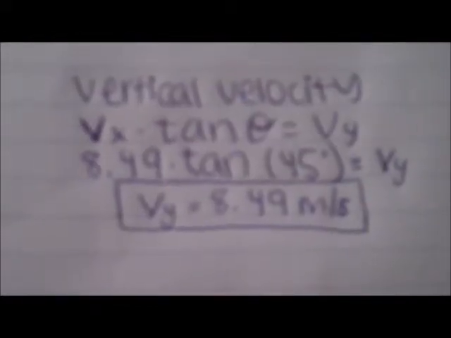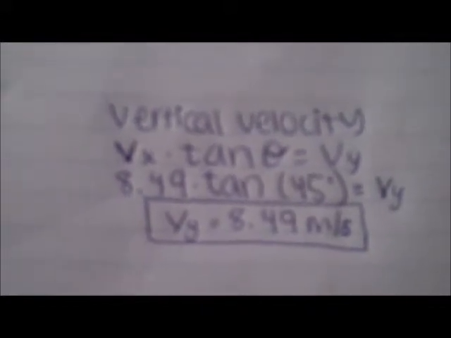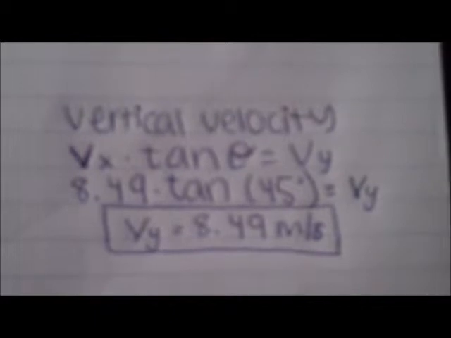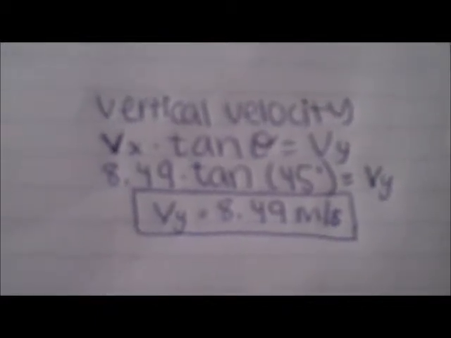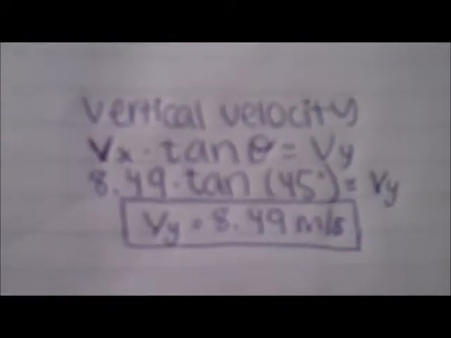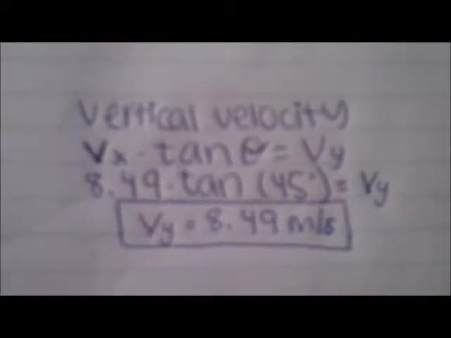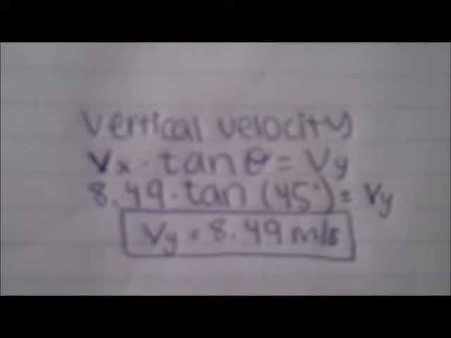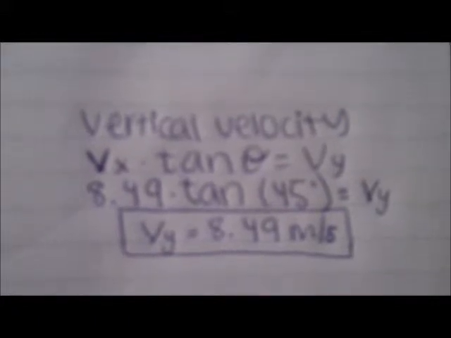To get the vertical velocity, I used the equation of the horizontal velocity times tangent theta to equal the vertical velocity. That was the x component of the velocity times tangent theta, which I used as 45 because that was my launch angle, to equal the vertical velocity, which is the y component of the velocity.